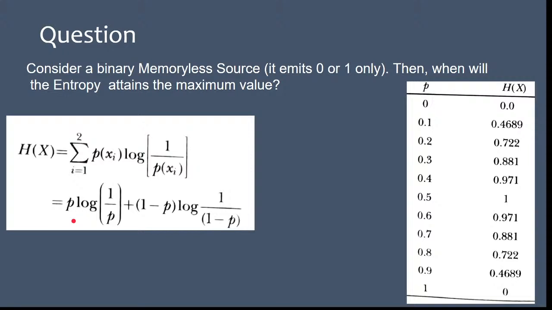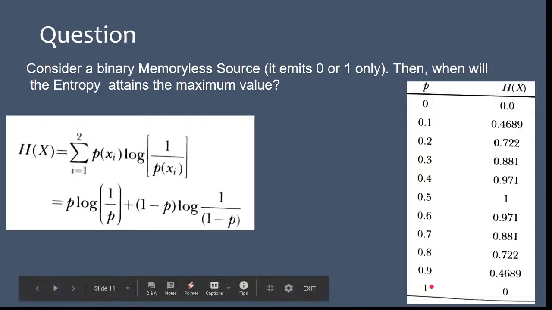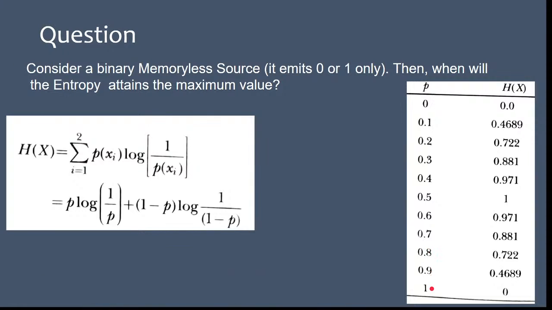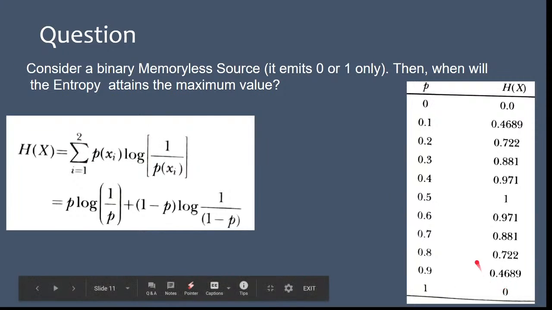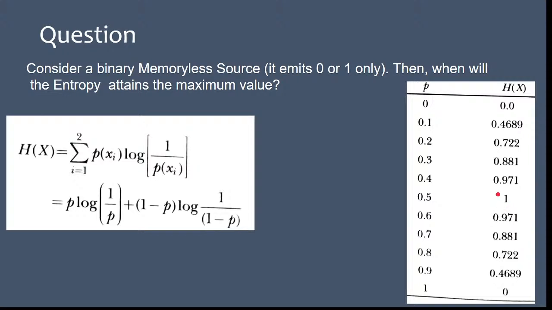As you increase the probability from 0 to 0.1, 0.2, 0.4, 0.5, 0.9 and 1, you find the entropy rises and falls. Now when the probability is 0.5, you get an entropy of H of X equal to 1. So at this point, you have the maximum entropy. That is the solution for this question.